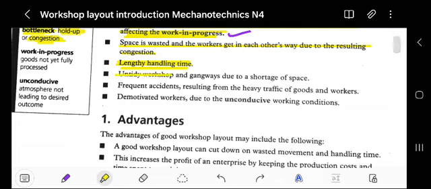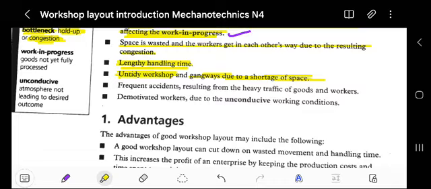Untidy workshop. Untidy workshop and gangways blocked due to a shortage of space.